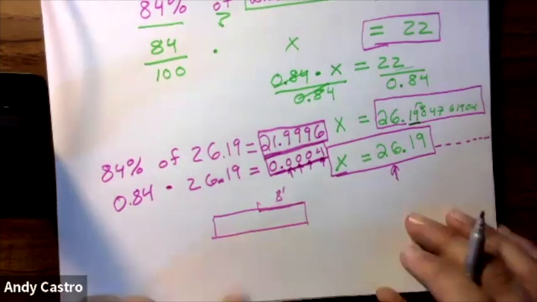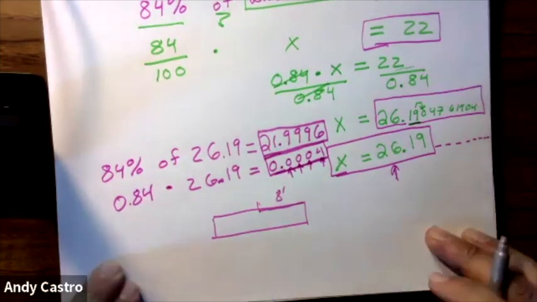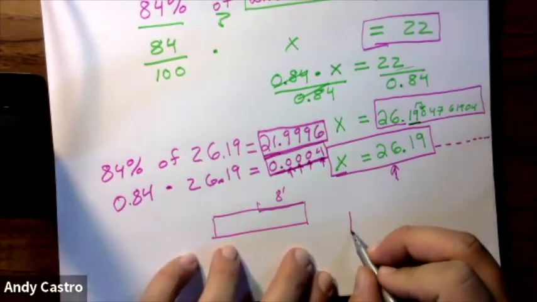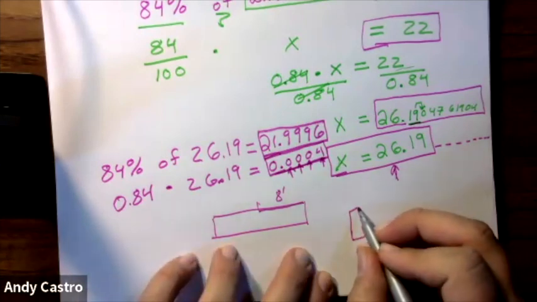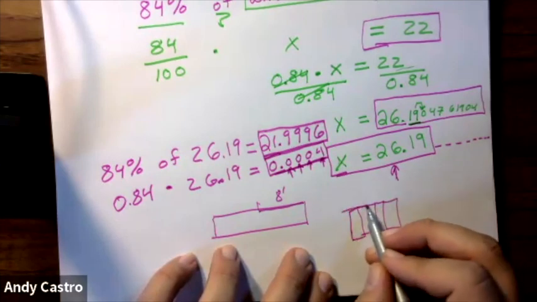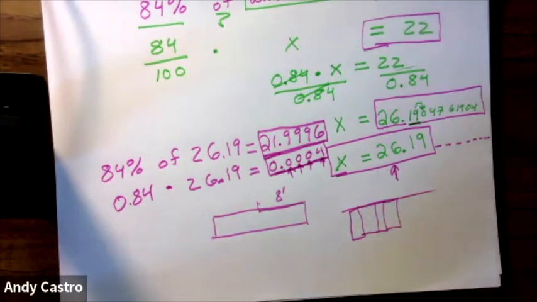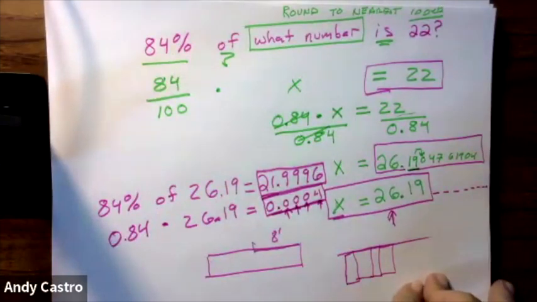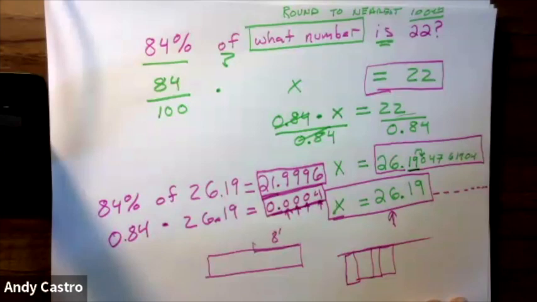If you were to take those 10 boards after you cut them all and line them up right next to each other and go in with a magnifying glass and look at whether we are exactly 8 feet on every single one, you would notice that there would be a little bit of variation.